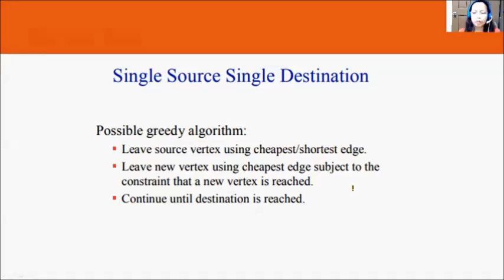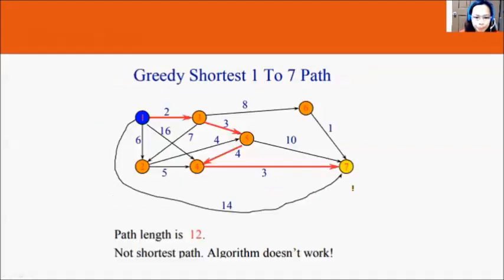So you're going to look for the shortest edge, meaning the length or the weight of that edge or arc. Next, leave the new vertex using the cheapest edge, subject to the constraint that a new vertex is reached. Continue until the destination is reached.